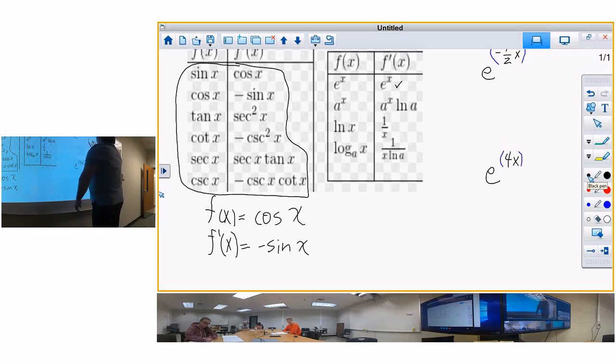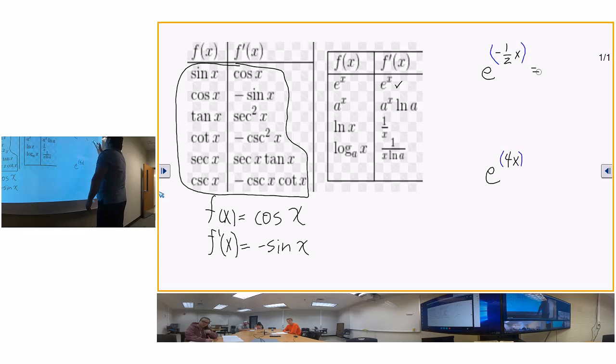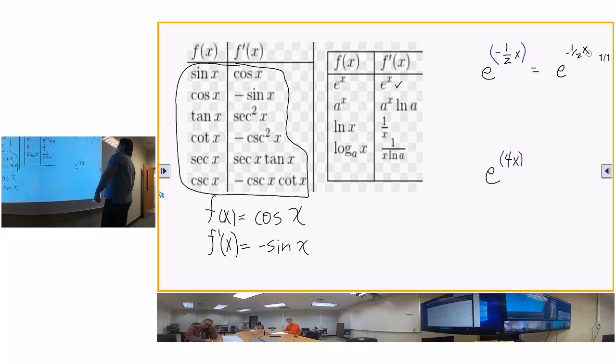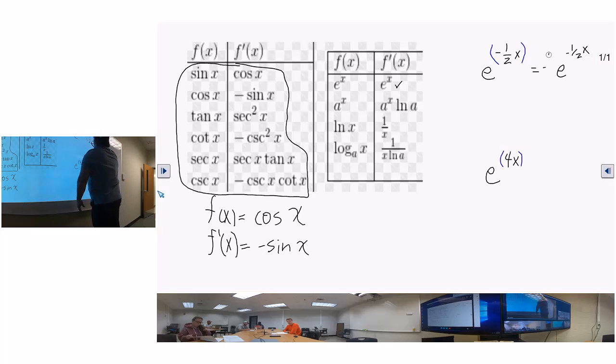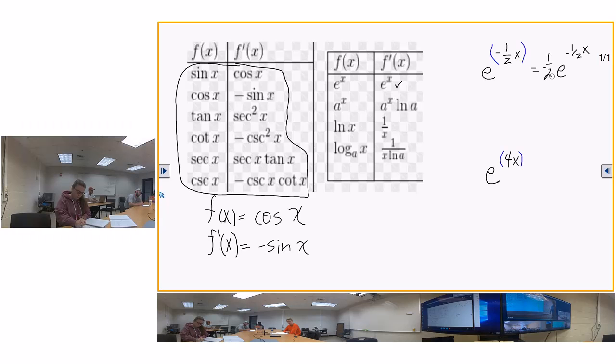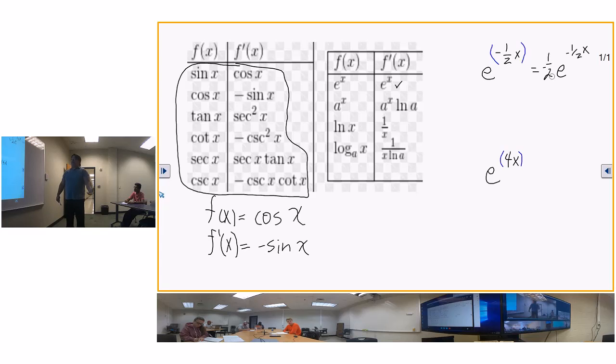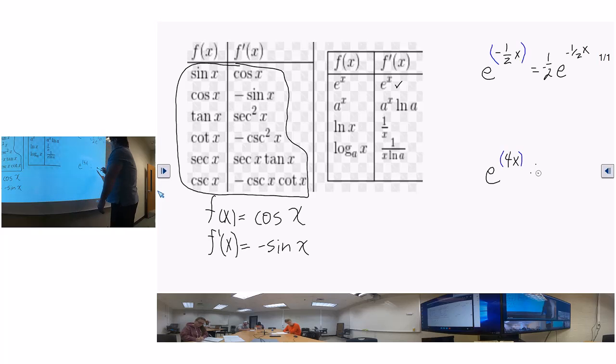And the derivative of e to the negative 1/2 x is negative 1/2 e to the negative 1/2 x. And what's the derivative of negative 1/2 x? Negative 1/2. Why is the negative 1/2 in front? Because you had to use the chain rule. So therefore, 4e to the 4x.